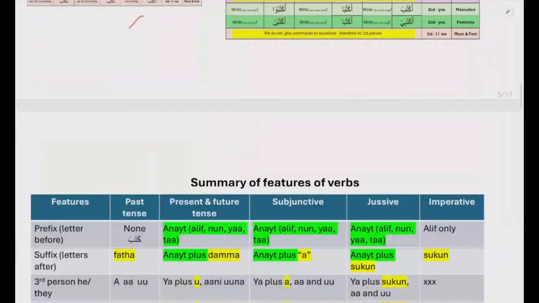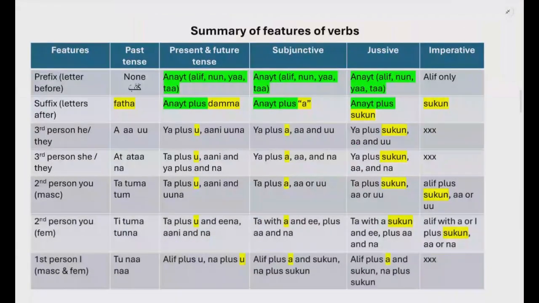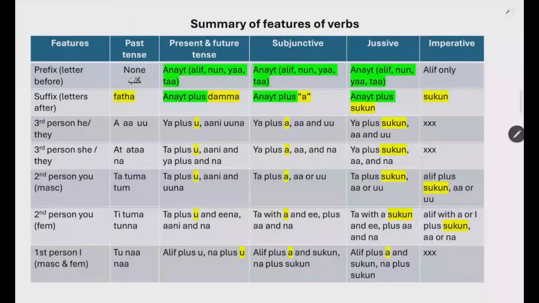Now, for those of you who might want to see a summary, I've just summarized what I've told you. I'm not going to read this line by line. It's essentially what I've indicated, in different persons, how things change from past tense to present tense to subjunctive, jussive, and imperative.